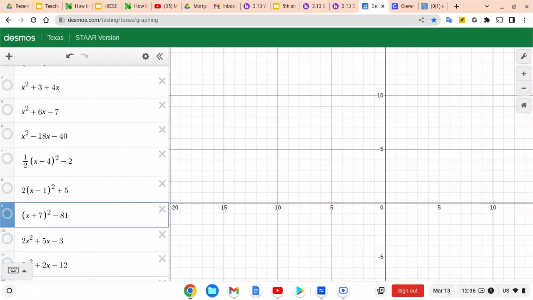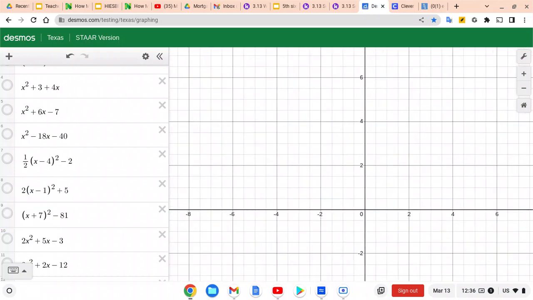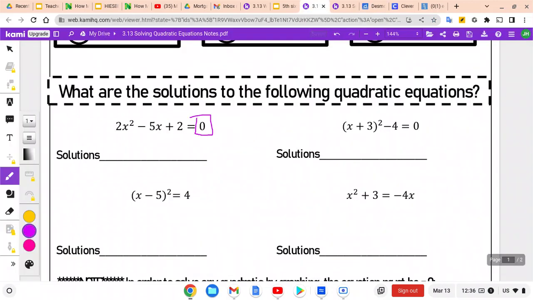Along the x-axis. Okay, here we see our y values go to 6, 4, 2, down to 0. So when y is 0, the solution is where the parabola crosses the x-axis, which goes along with what we did on the top of the page.